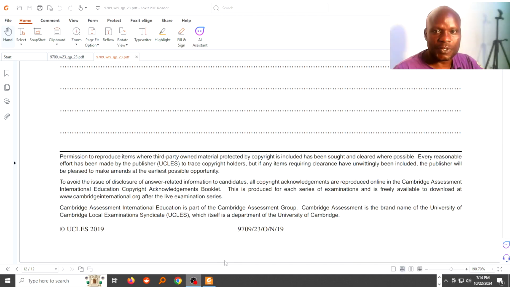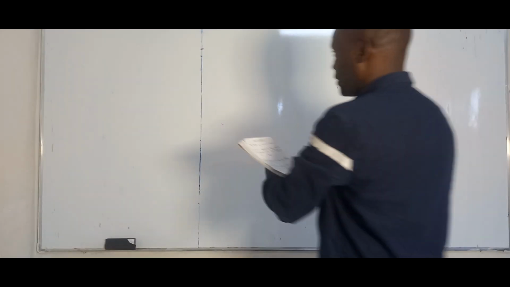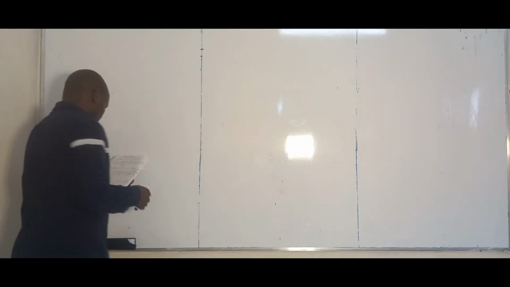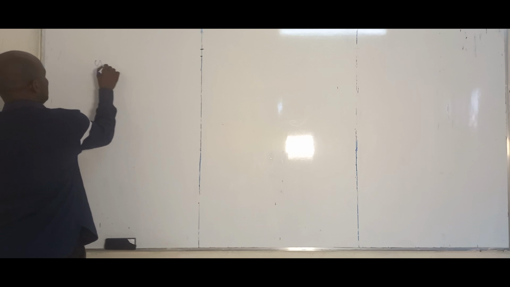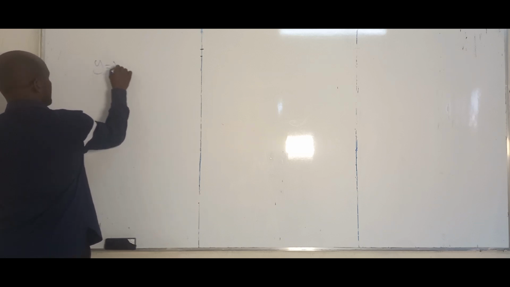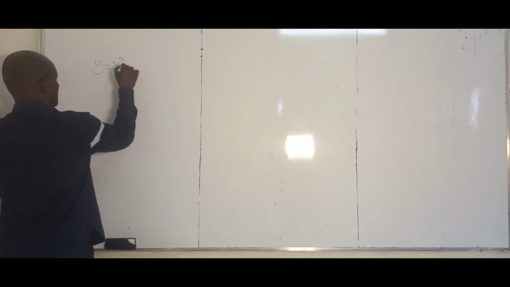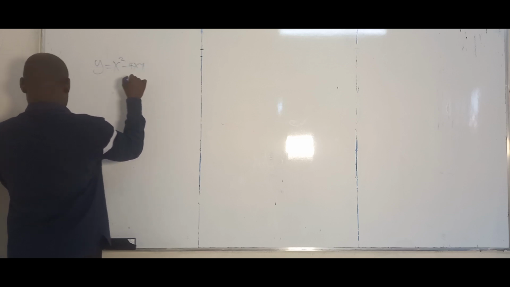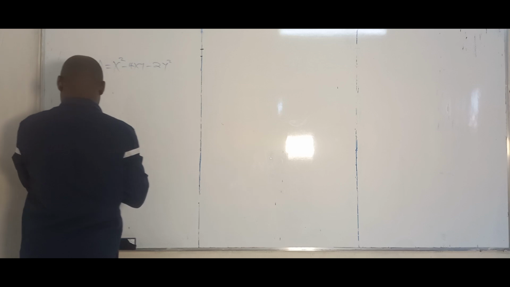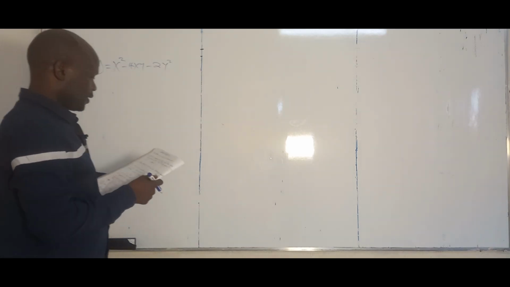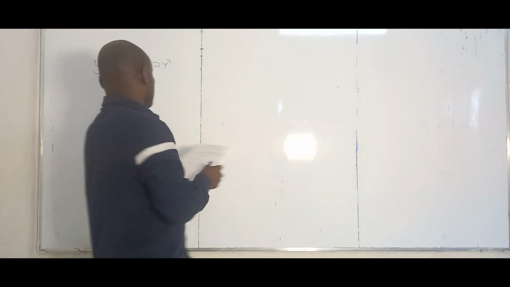Let's consider what the solution is. We have x squared minus 4xy minus 2y squared equals 1, which is the equation of the curve.